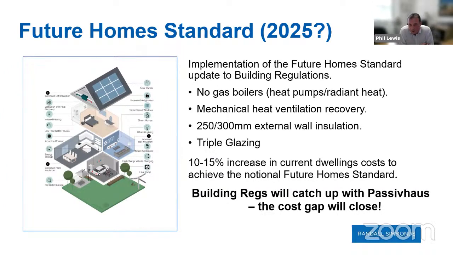It's not quite there, but what it means is the gap between building a Future Homes Standard house under the building regs and a Passive House will be even lower than with the 2021 building regs. So that gap is reducing. More to follow on whether the Future Homes Standard will be there. I'm pretty sure it will be, but let's hope it will.